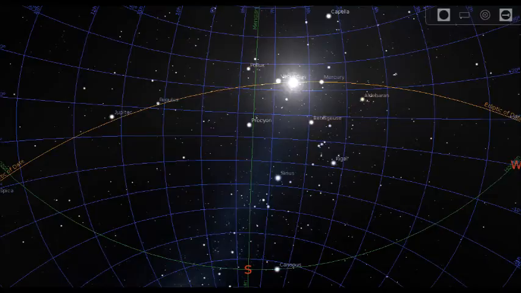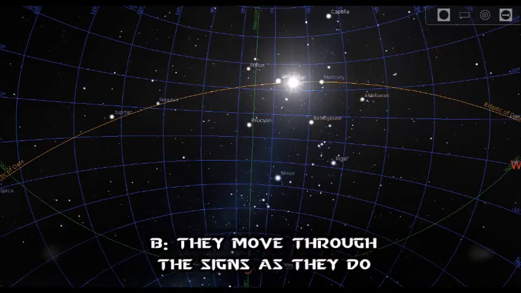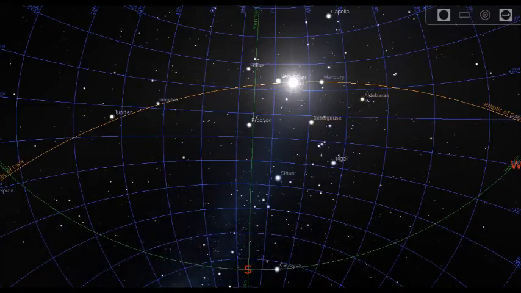And as those planets arc through the sky, they also move in orbit, if you will, through the signs of the zodiac. While they do that, they are never truly exactly on the ecliptic.